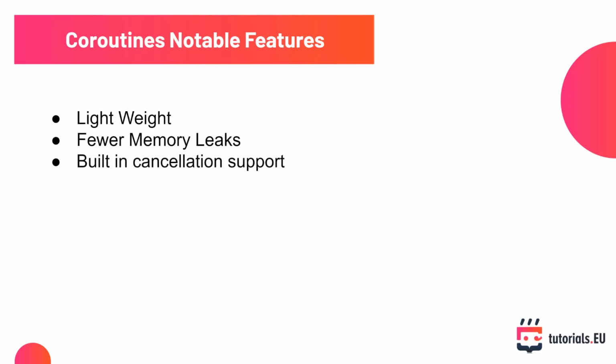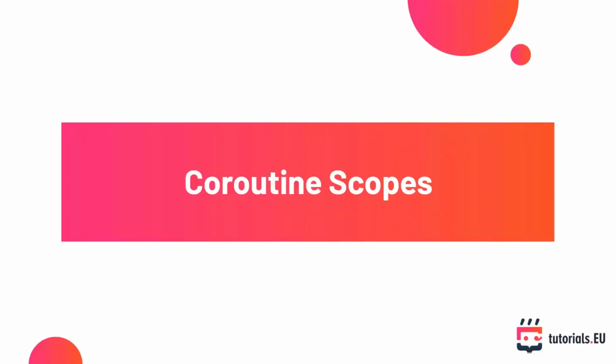So the launch option returns a job which can be used to cancel the running coroutine. And it is integrated into Jetpack. So many Jetpack libraries include support for coroutines, for example, Room and the Work Manager. So basically, if you want to develop for Android in 2021 and later, this is definitely going to be the way to go. Okay, so then let's look at coroutine scopes.